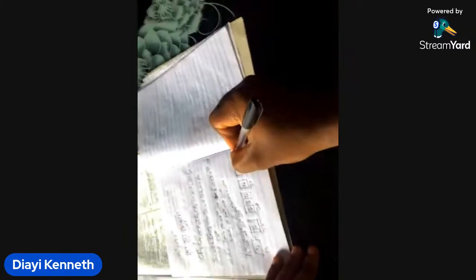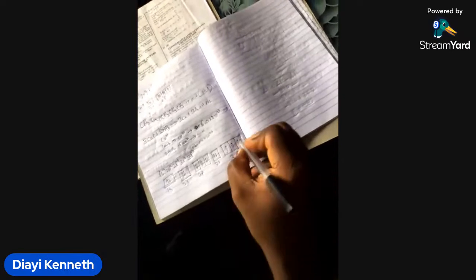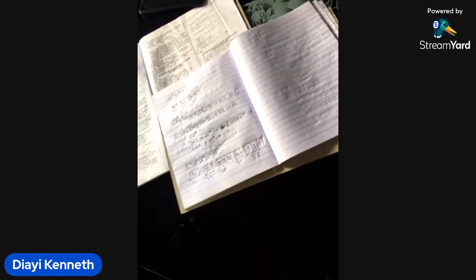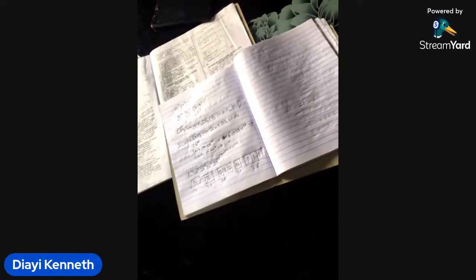This is your 3s and your 3p. Don't forget Hund's rule. Electrons will occupy orbitals singly before pairing takes place. Now you can see we have 3 unpaired electrons. So our answer to number 24 is C, 3 unpaired electrons.